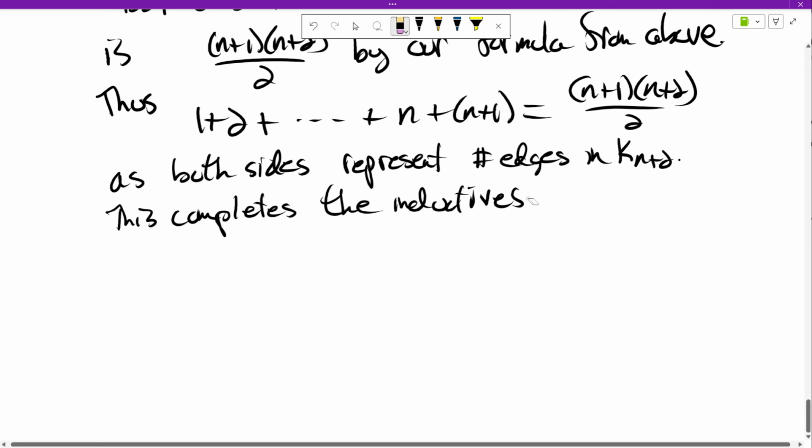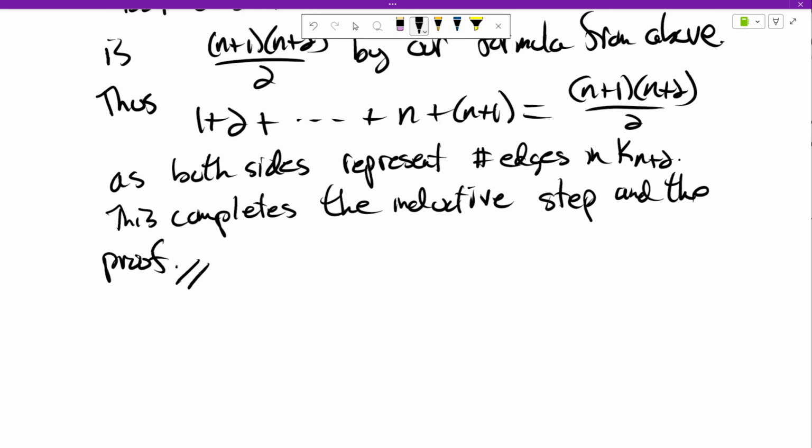Inductive, oops, got a little ahead of myself there. So there's a sort of graph theoretic or visual proof of the Gauss summation formula, which also uses induction.